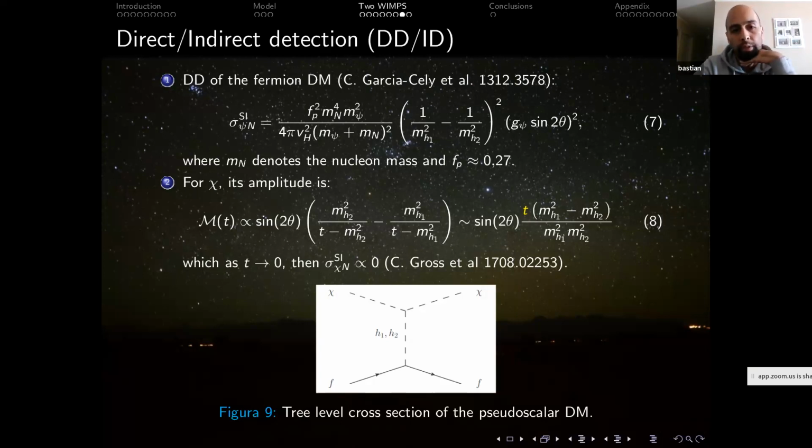However, in the case of the pseudoscalar, you have something different, due to the character of this pseudoscalar. According to the Goldstone theorem, you know that after a spontaneous symmetry breaking of a global symmetry, you get a Nambu-Goldstone boson, but as we have introduced an explicit breaking term, it behaves as a pseudo-Nambu-Goldstone boson.